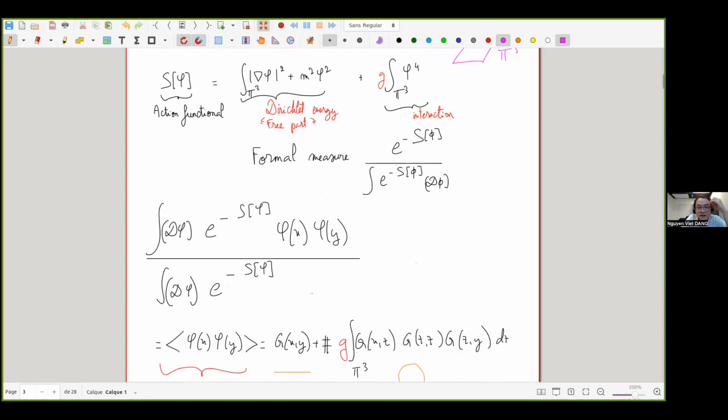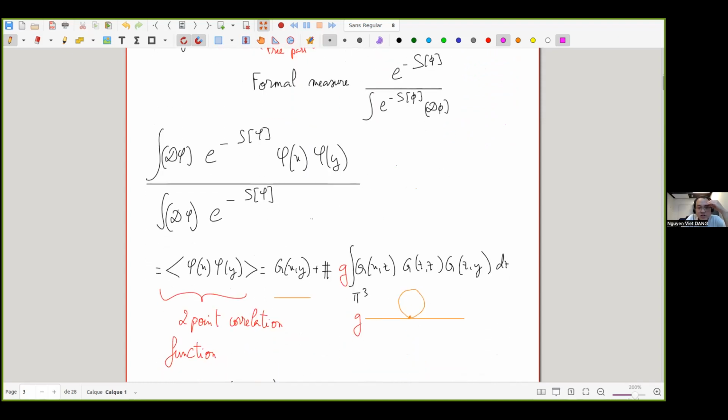And we want to make sense of the formal measure e to the power minus S divided by the partition function. I write this a bit like a Gibbs measure in statistical mechanics.